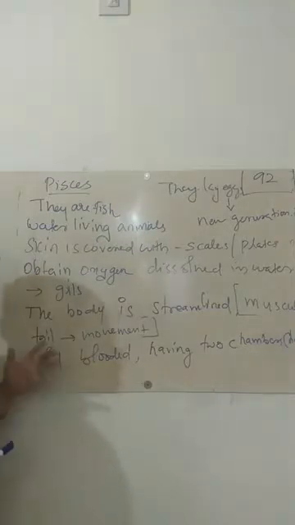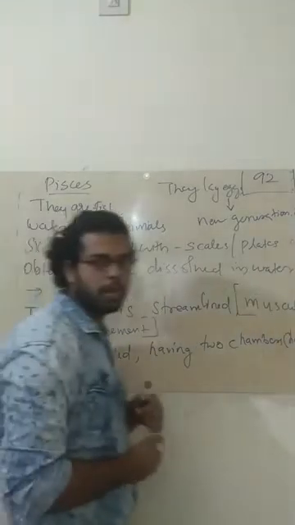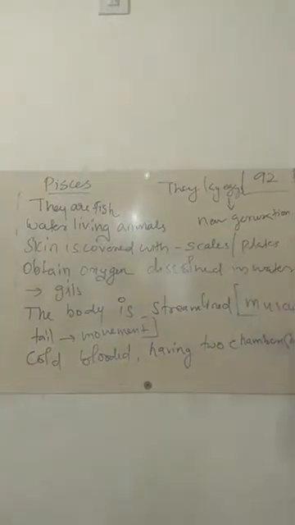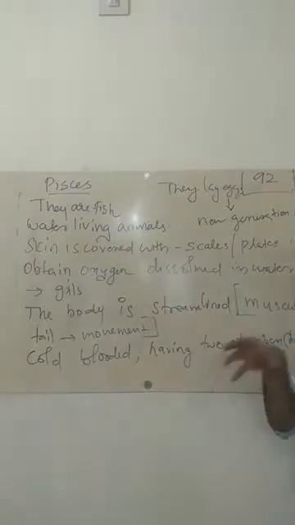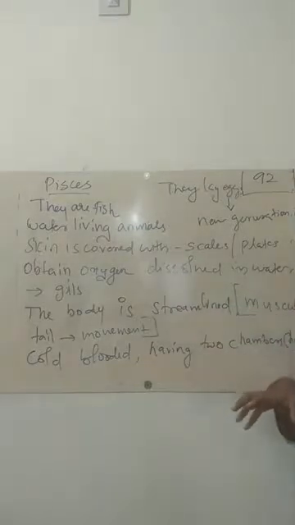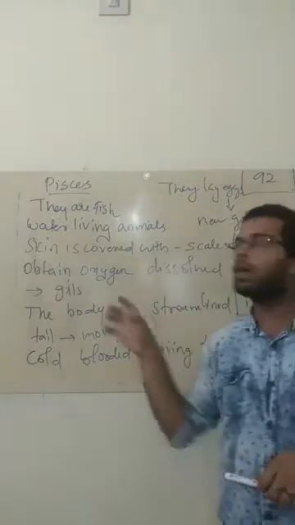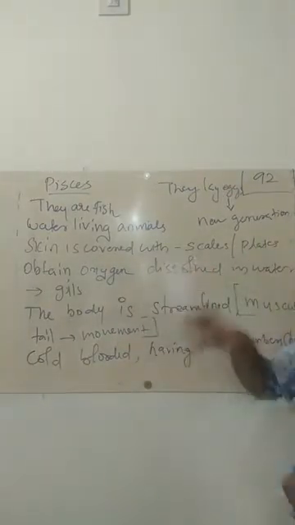They obtain oxygen dissolved in water by using gills, and the body is streamlined, and a muscular tail is used for movement. They are cold blooded, and their hearts have only two chambers, not like humans. They lay eggs for making the new generation. So you write those points in your language itself. Not like these points, you write it as sentences.